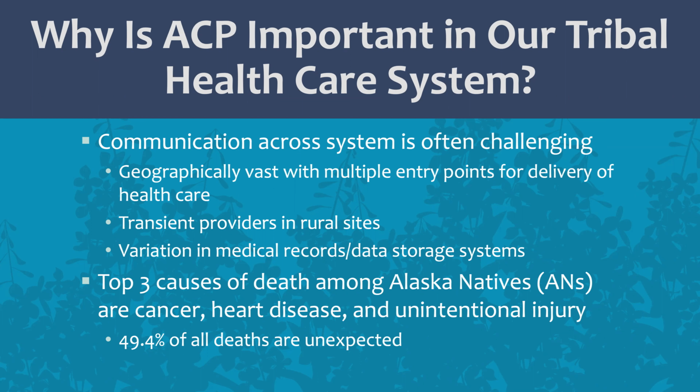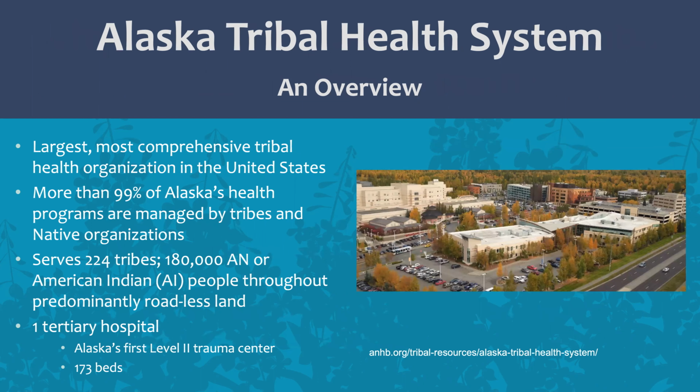So next slide. This is an overview of our Alaska Tribal Health System. It's the largest and most comprehensive health organization in the United States, with more than 99% of our health programs managed by tribes and native organizations. I'm very proud of that.